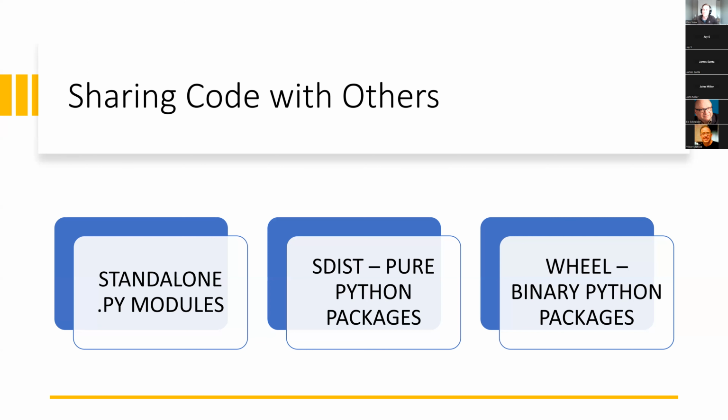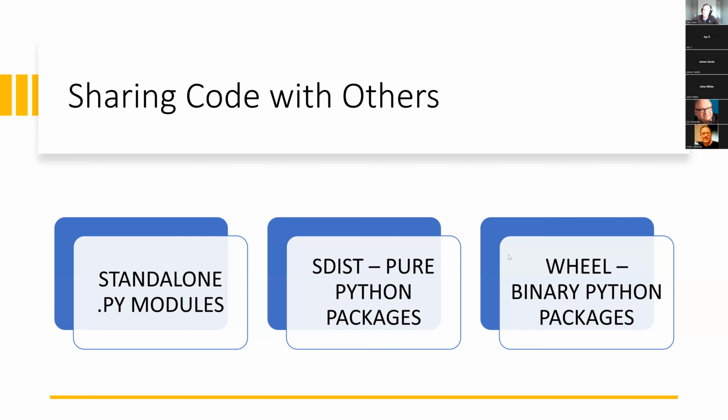There's also something called an sdist, a source distribution. And this is for pure Python packages. So beyond just a single module, you could distribute your whole library of Python that you've built in a source distribution. And that comes in a tar gunzip file and has some metadata that comes along with it as well. And then the other way is, once again, with this wheel.